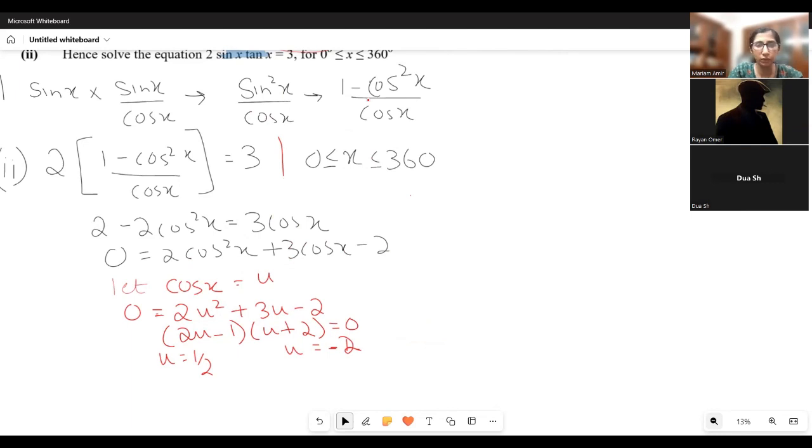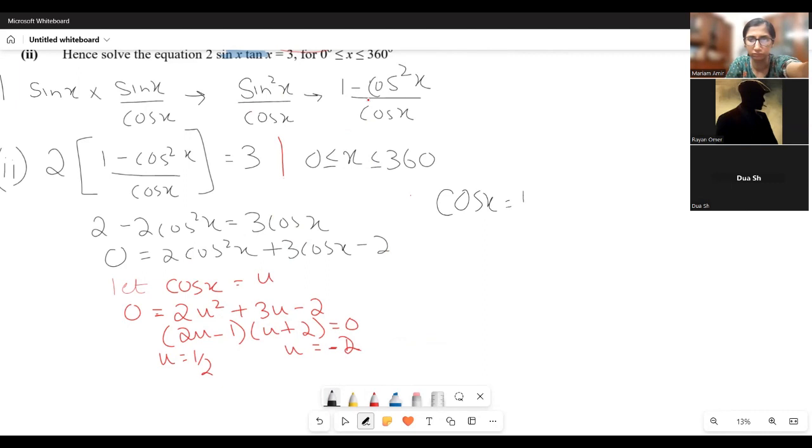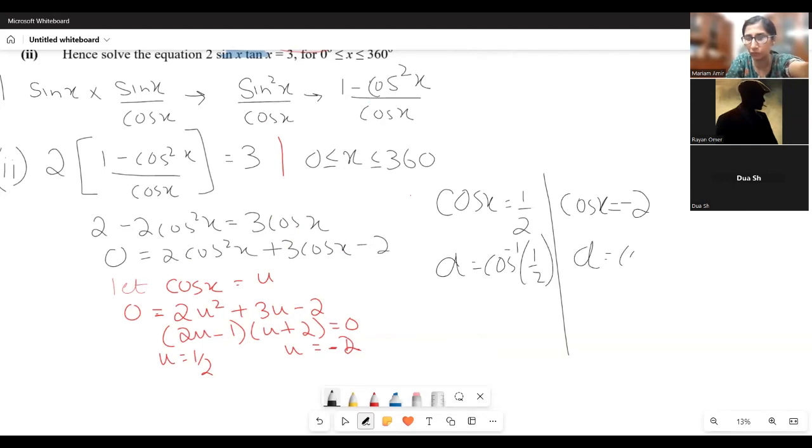Now we replace u with cos x. Find the respective alphas. Cos inverse of 1/2 and cos inverse of minus 2.